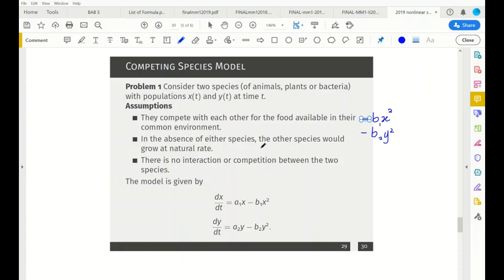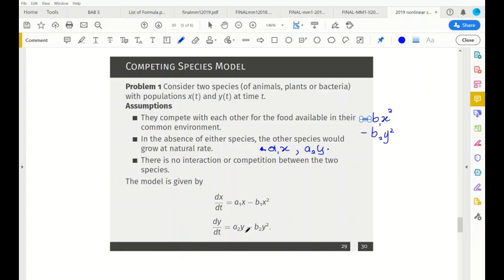So this is represented by positive a1x in the first equation. For the second equation, for y population, absence of x, species y would grow. So the first term in the second equation is a2y, because it may grow at a natural rate. That's why in this equation we have two terms each.